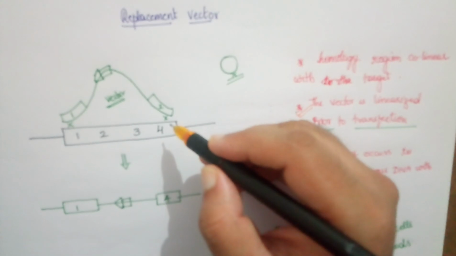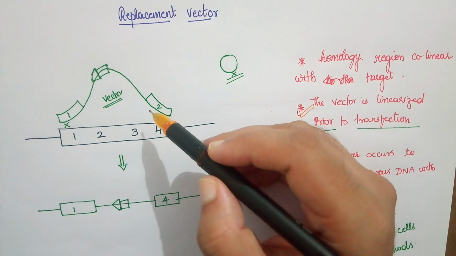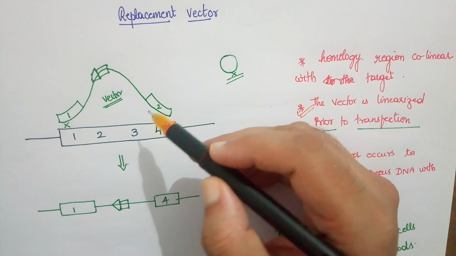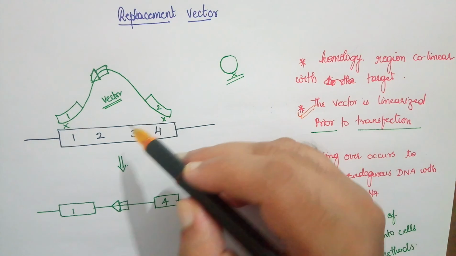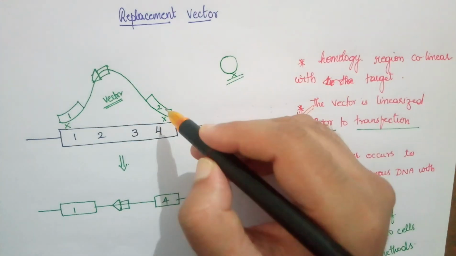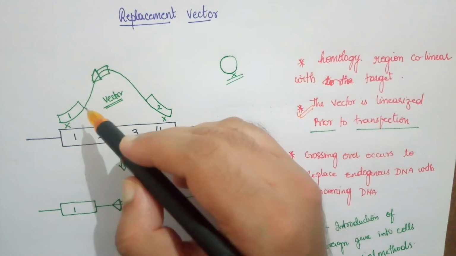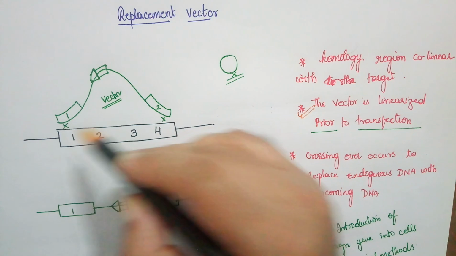Now just see here. The vector is linearized outside, and once transfection is taking place, then at certain regions recombination is going to happen, or it will result in crossing over at these regions.